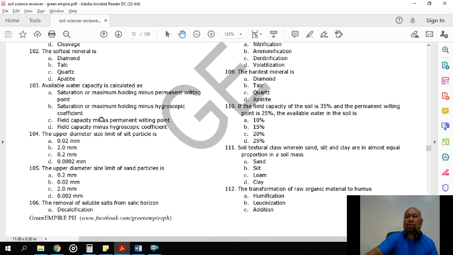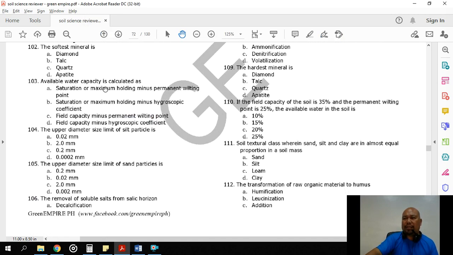Okay, number 103. Available water capacity is calculated as such. Let me think. Available water capacity is calculated as saturation or maximum holding minus permanent wilting point. No, it's not.